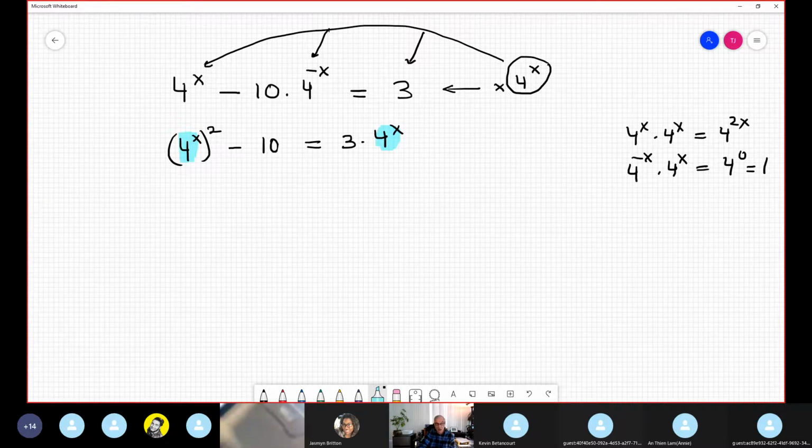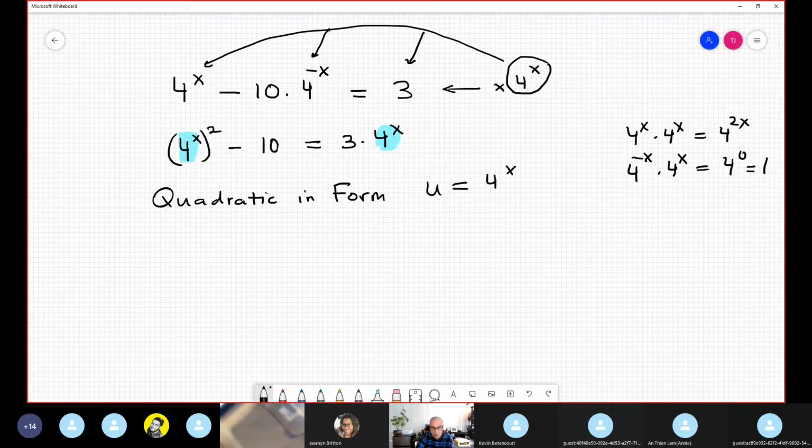This is a typical equation, called a quadratic form. Do you remember that? Quadratic form.